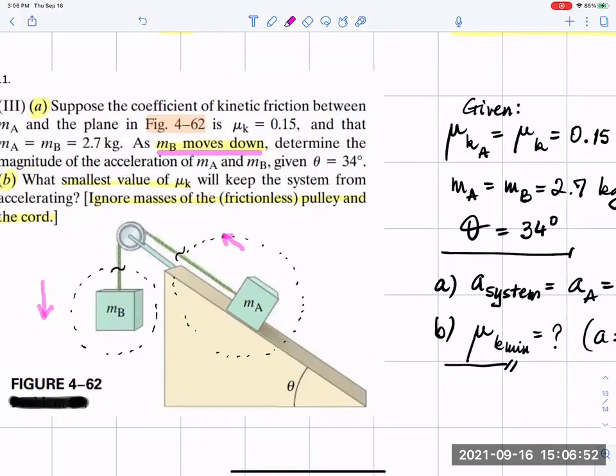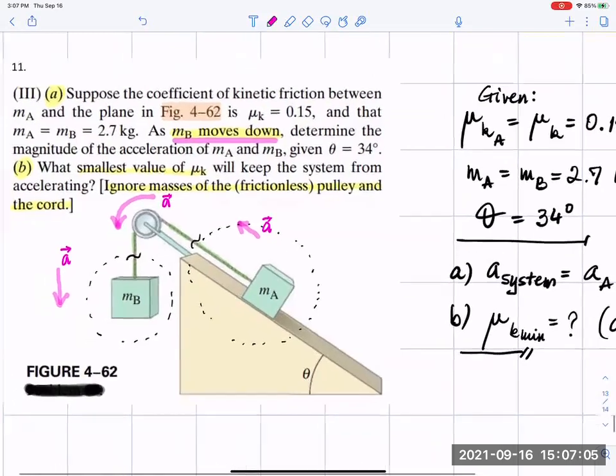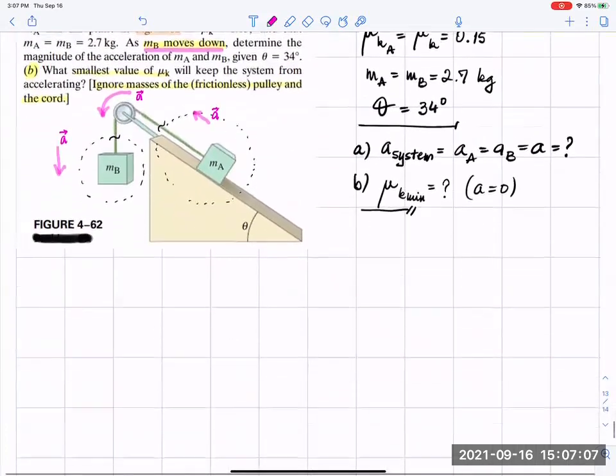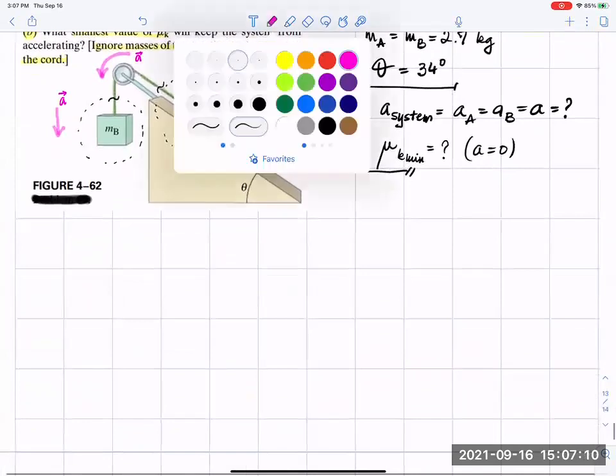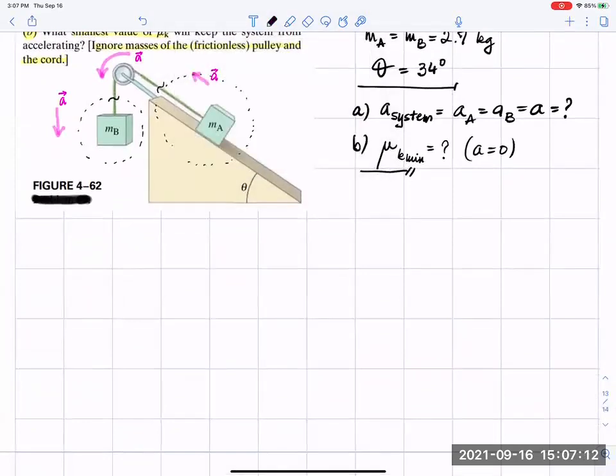These are your accelerations. So the system moves this way. Now that we have that squared away, remember that on a free body diagram, acceleration shouldn't be touching the body, but you can put it around so you have a sense of what is going on and where the movement is. So let's draw the free body diagrams.